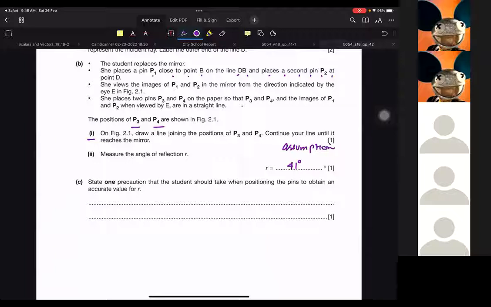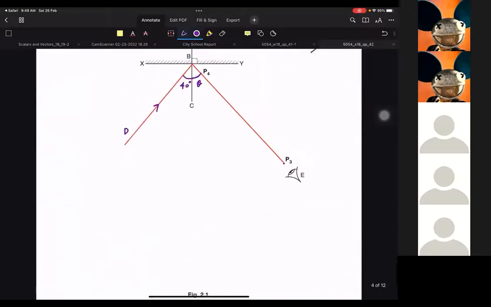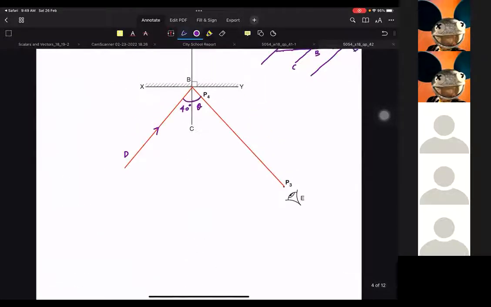Then state one precaution that the student should take when positioning the pins to obtain an accurate value of R. One of the points that they asked, right? So when you're looking at the pins, it is always a good idea to look at the pins at their base. I'll tell you why.